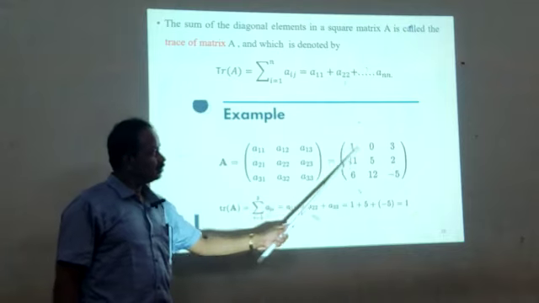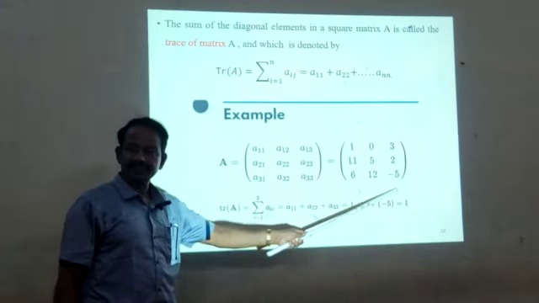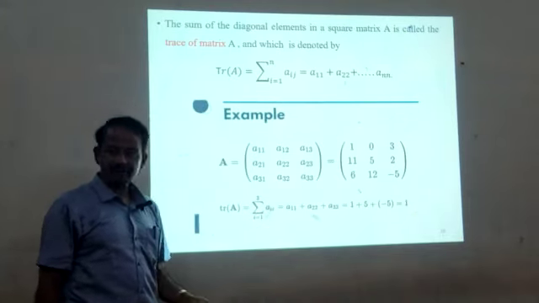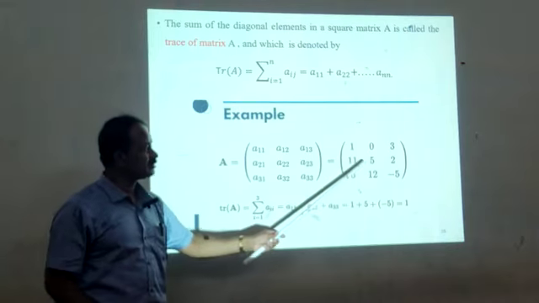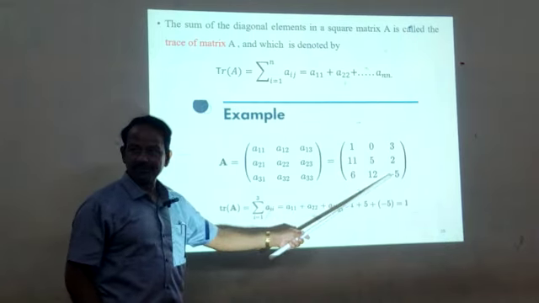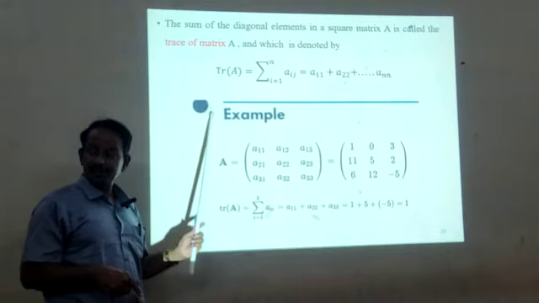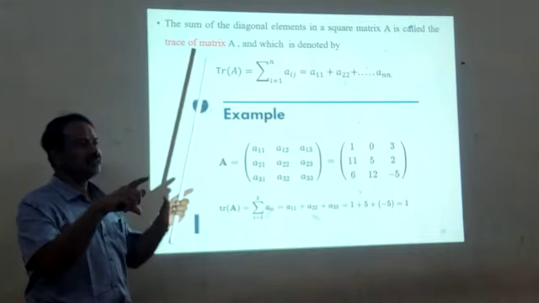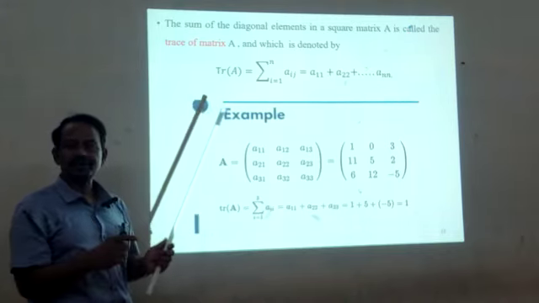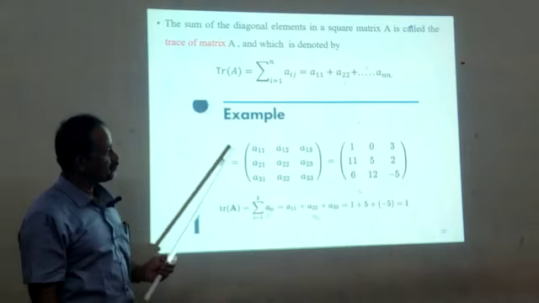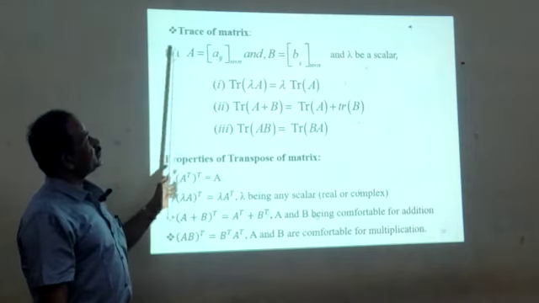See here, these are all diagonal elements. You add all three, so that will give you the trace of a matrix. 1 plus 5 minus 5, so the answer is 1. This is the trace of a matrix. Very important, one more question: you will be given a matrix and asked to find the trace of a matrix.